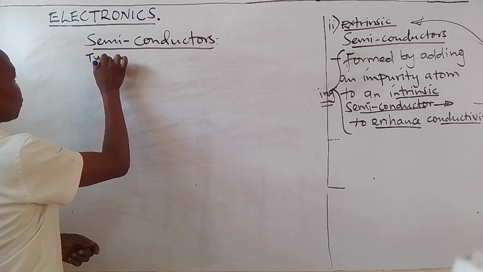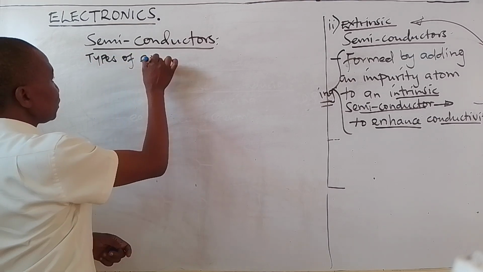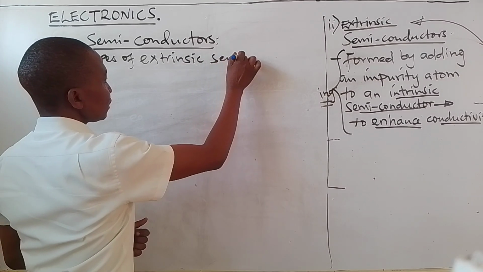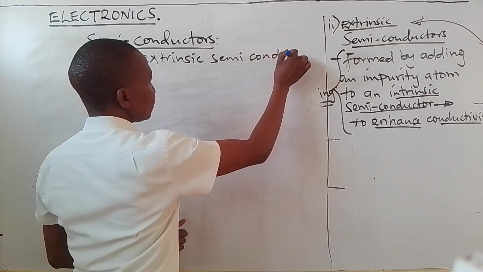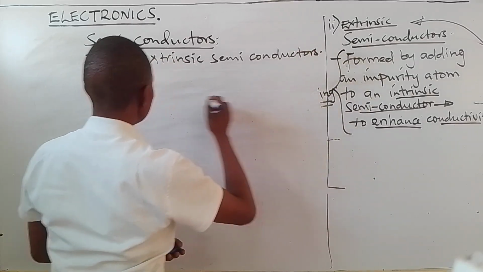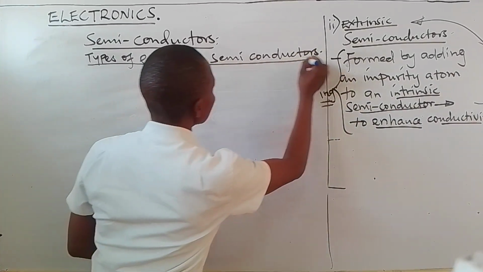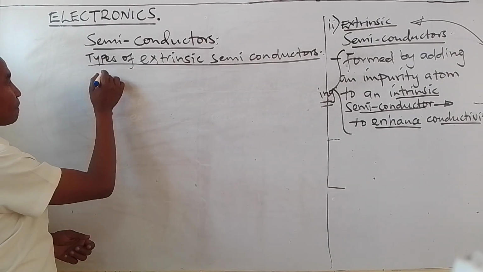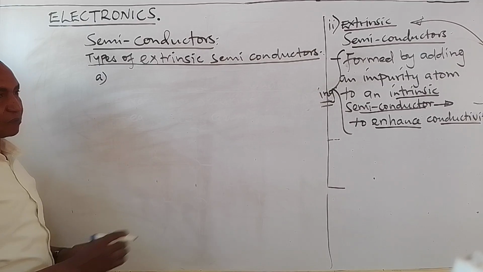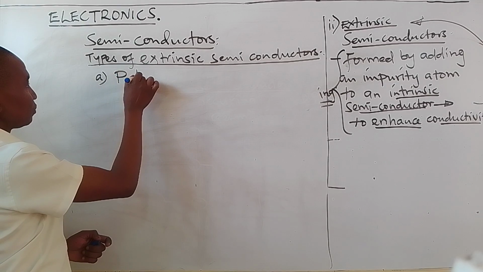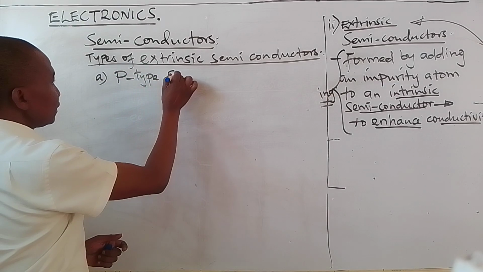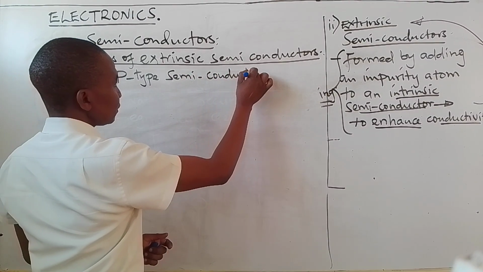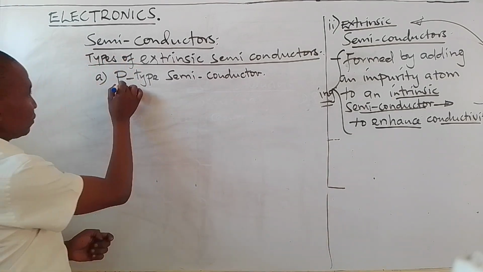So, types of extrinsic semiconductors. The first type, which I call A, is a P-type semiconductor.